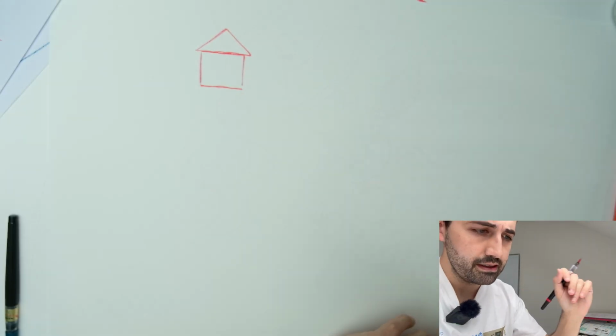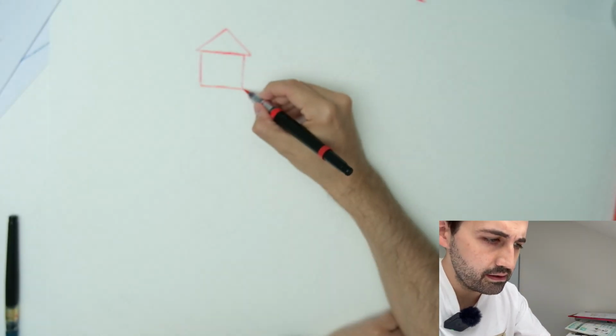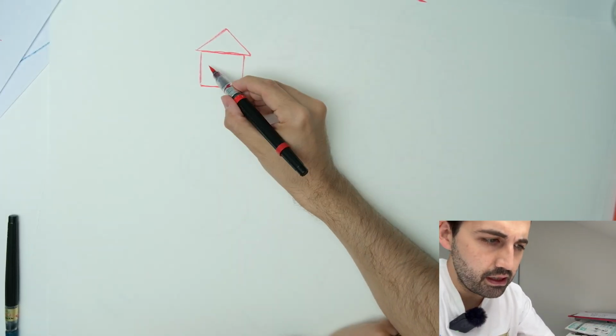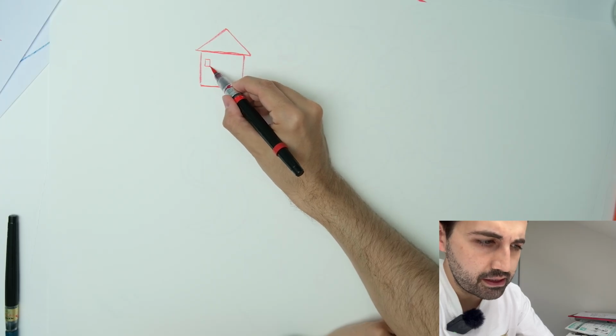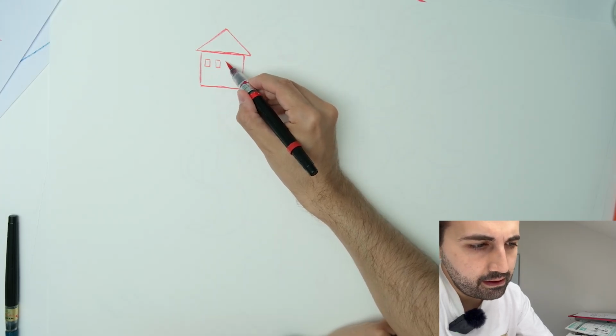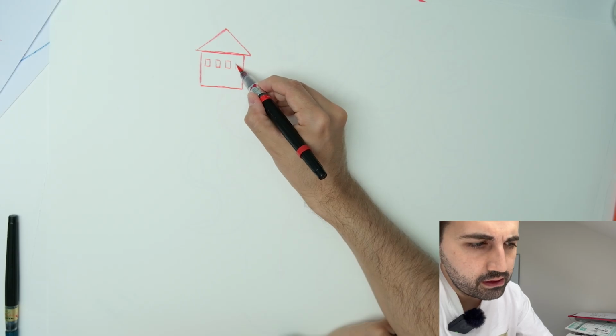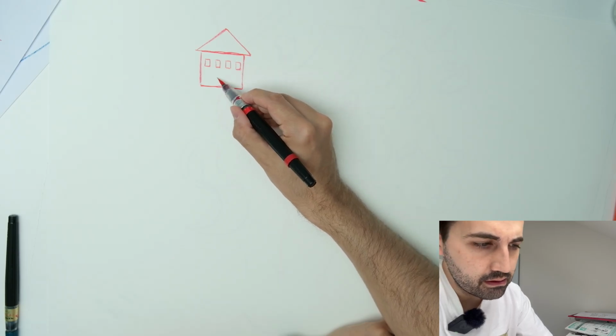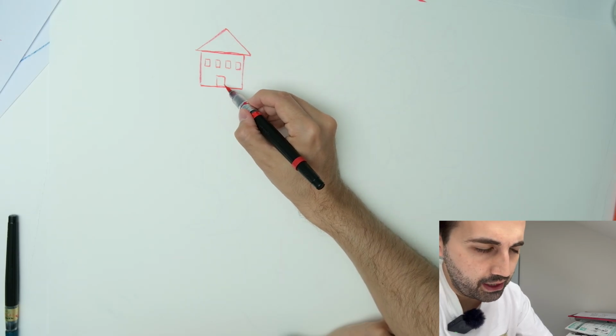You probably already did this at school, at kindergarten, primary school, whatever. This is a very basic shape, and then you add a couple of other basic shapes right here. You have your windows, which are essentially rectangles, and then you have the door, which is another big rectangle.